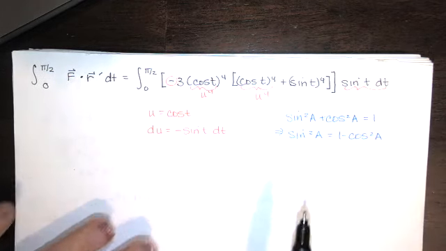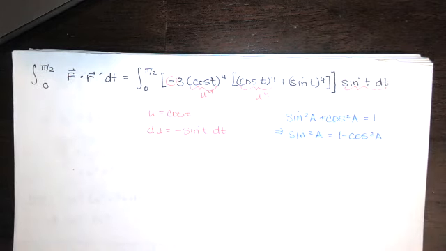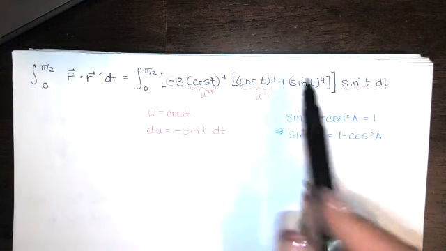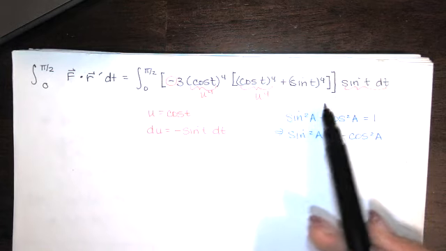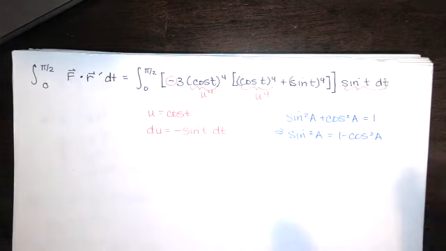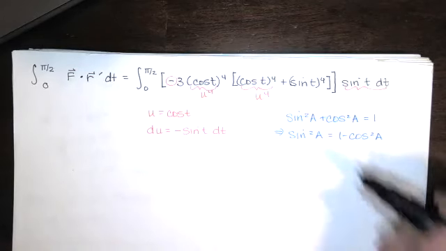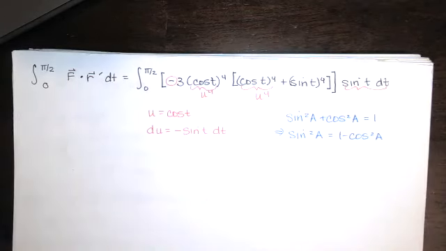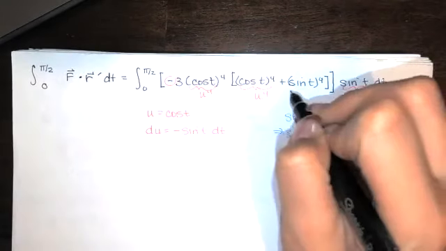And sine to the 4th is sine squared squared, or you can think of it as sine squared times sine squared, whichever you prefer. But I know that I'm going to end up with 1 minus cosine squared times 1 minus cosine squared, or 1 minus cosine squared quantity squared. I'm going to think of it that second way. It's really up to you how you think about it. Either one would be fine. You just do what's more comfortable for you.